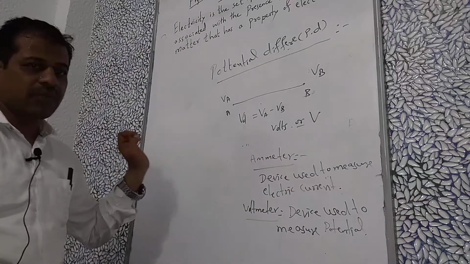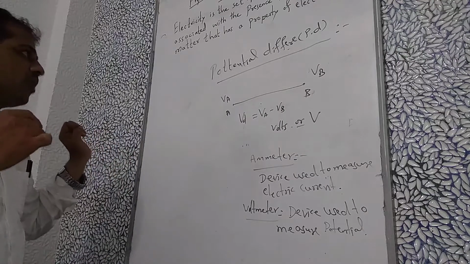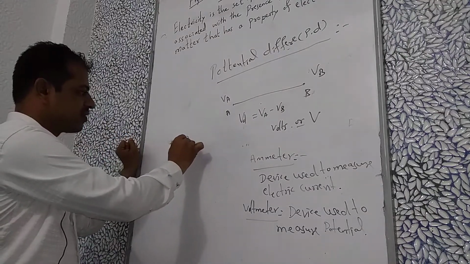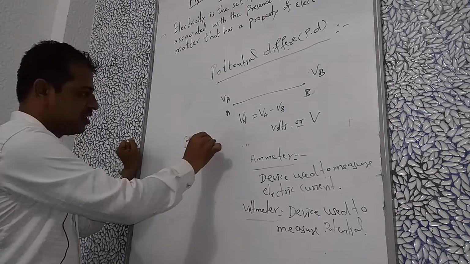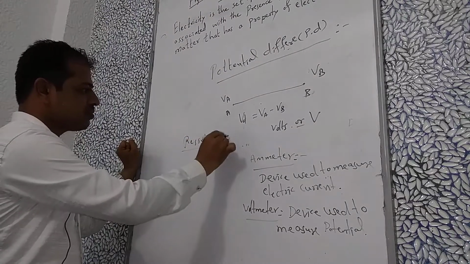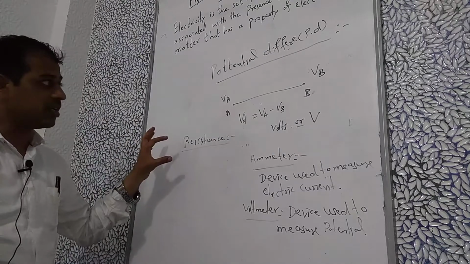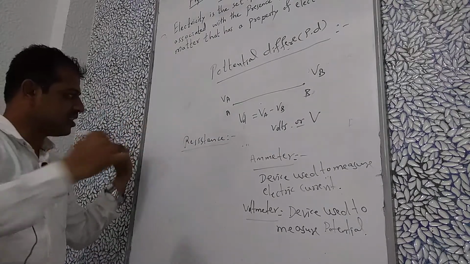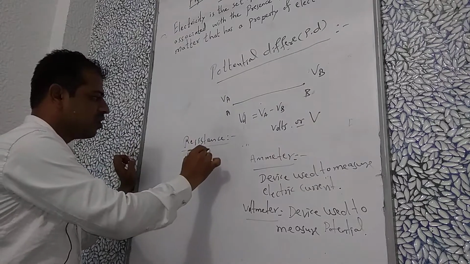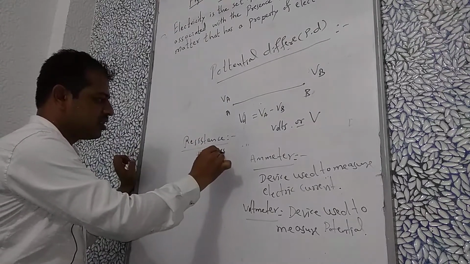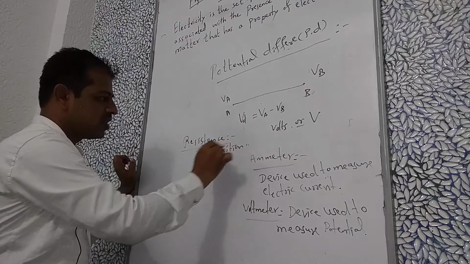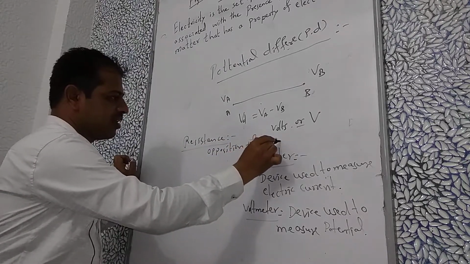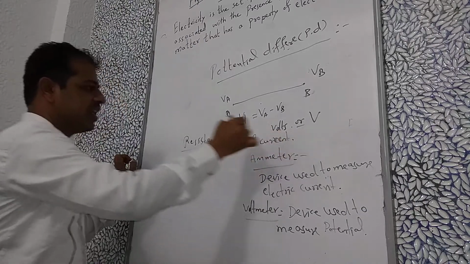Here we studied two devices, and one more thing I forgot to tell you about: resistance. It is also an important term in this topic. Resistance means opposition of current. If resistance is more, current is less.